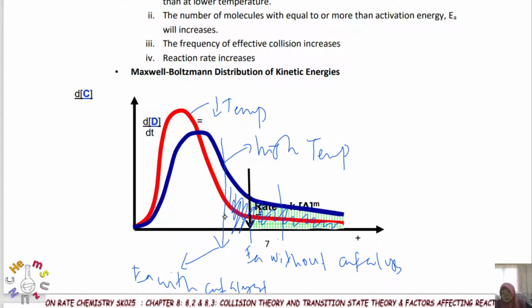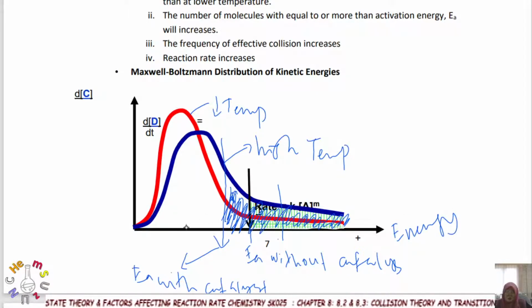Jadi EA with catalyst ni akan menyebabkan lebih banyak molekul yang bertindak balas sebab kita lowering the activation energy. Okay, ini energy tau. Okay, bila kita lowering the activation energy, so increase the number of molecule that having a kinetic energy equal or higher than the activation energy. Jadi lebih banyak molekul akan bertindak balas.